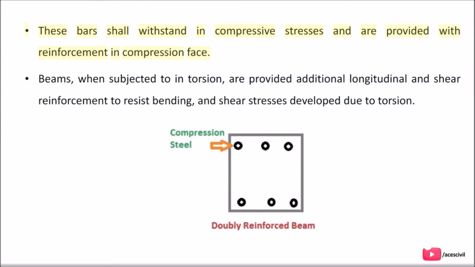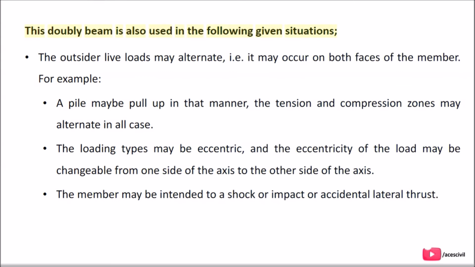These bars shall withstand compressive stresses and are provided with reinforcement in the compression face. Beams, when subjected to torsion, are provided additional longitudinal and shear reinforcement to resist bending and shear stresses developed due to torsion. This doubly reinforced beam is also used in the following given situations.